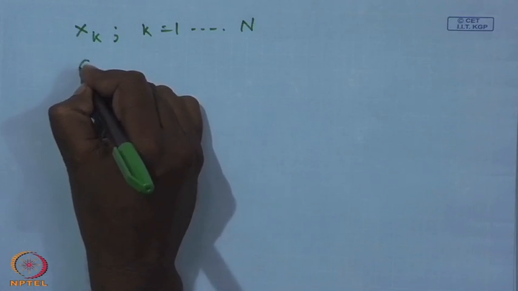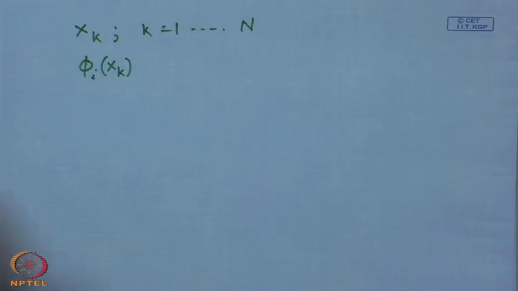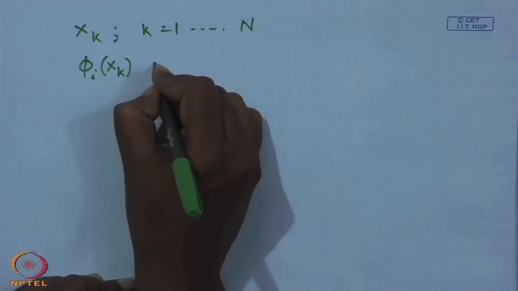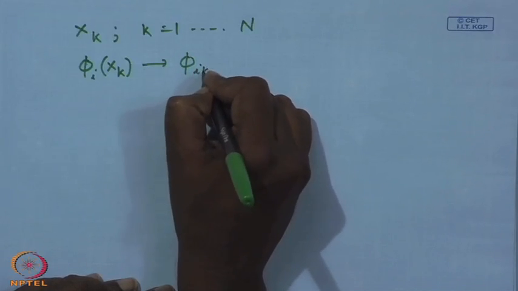Then phi i of x k, for simplicity, I will write as phi i k.